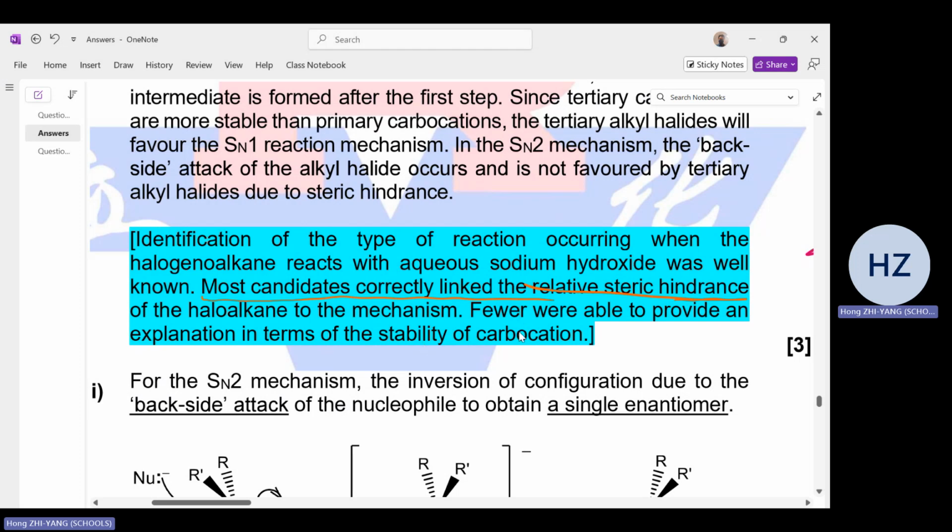This is actually the more important factor for SN1. So if you want to explain why one compound goes for SN1, stability of carbon is the main answer to go for first.